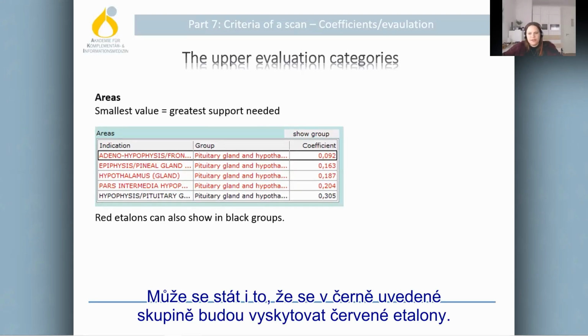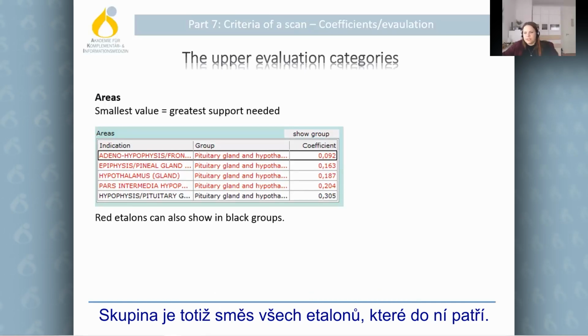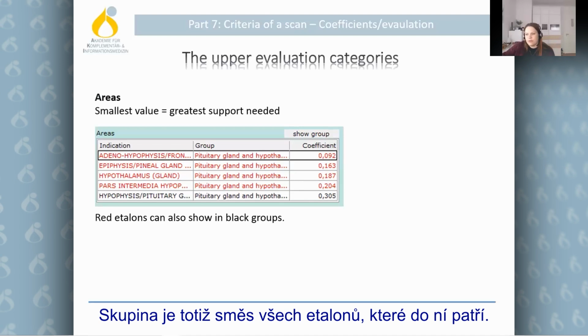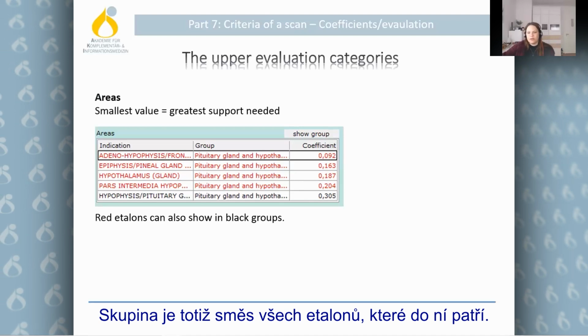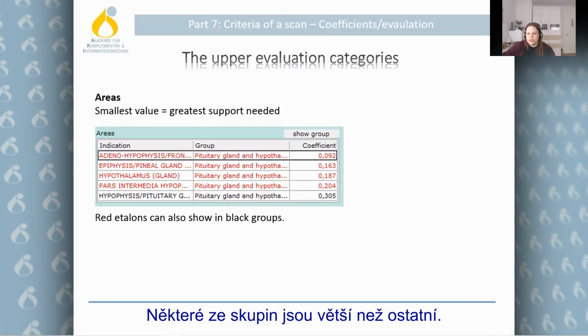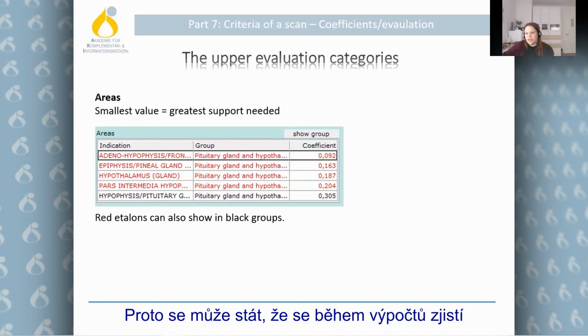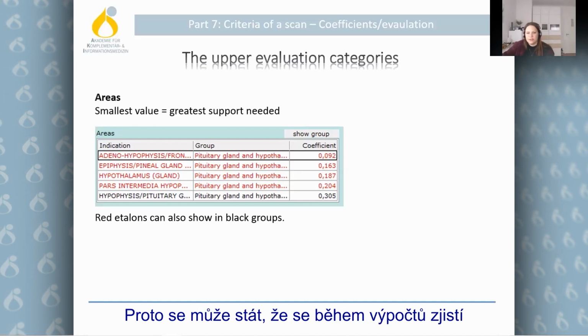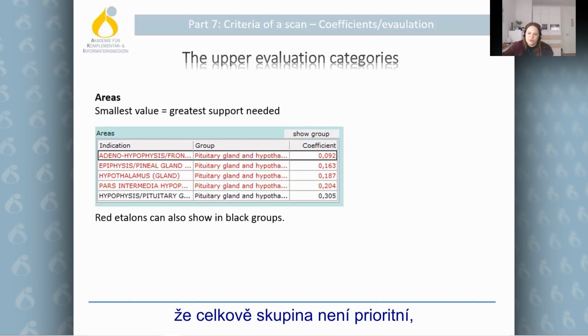It also can be that for a black group, red etalons still show. A group is a mixture of all etalons which belong in the group. So some of these groups are larger than others. It can therefore be that during the calculation, the overall group is not a priority.